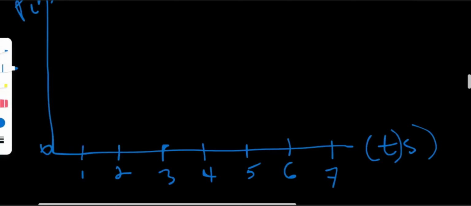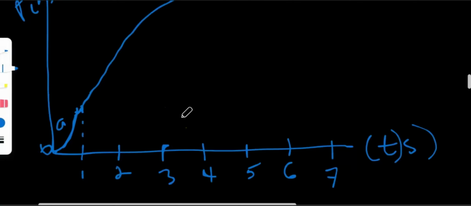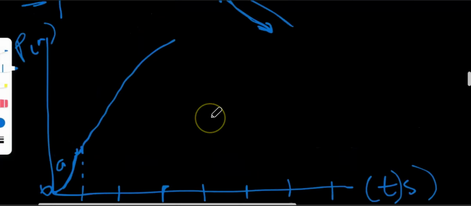At first, it speeds up at A, at 1. Then it starts slowing down when it gets to 5, so let's go up this dotted line.